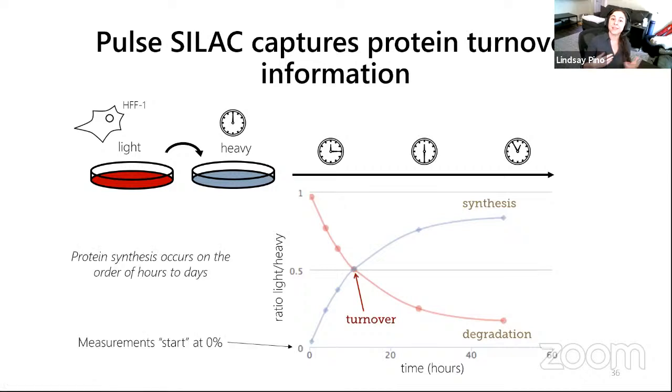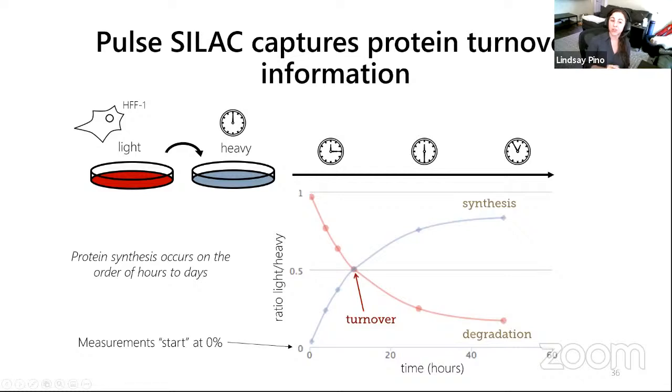When I look at this as a quantitative proteomicist, I notice two things. The first is that all of these measurements start at 0. So to shape this curve and get to the 50%, having these initial points, these low abundance ratios, is very important. The next thing I notice is that these protein synthesis values occur on the order of hours to days.